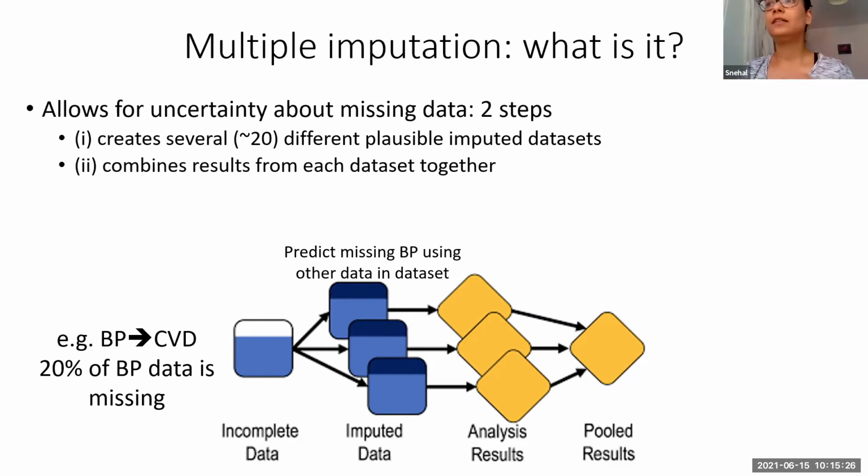So essentially, a multiple imputation is a two-step method, where first you create different plausible imputed data sets and do your analysis, and then you combine your results from the different data sets together.